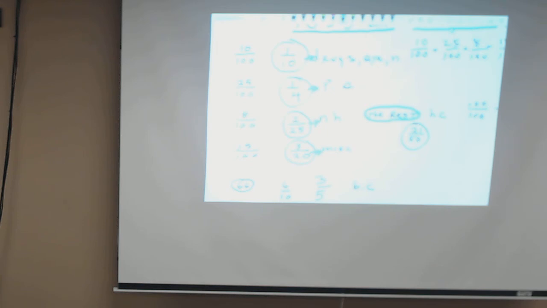And of this amount, 1/10 was spent on drugs, eye care, and something else. 1/4 was spent on professional services. 2/25 was spent on nursing homes, and 3/20 was spent on miscellaneous, and the rest was spent on health care.